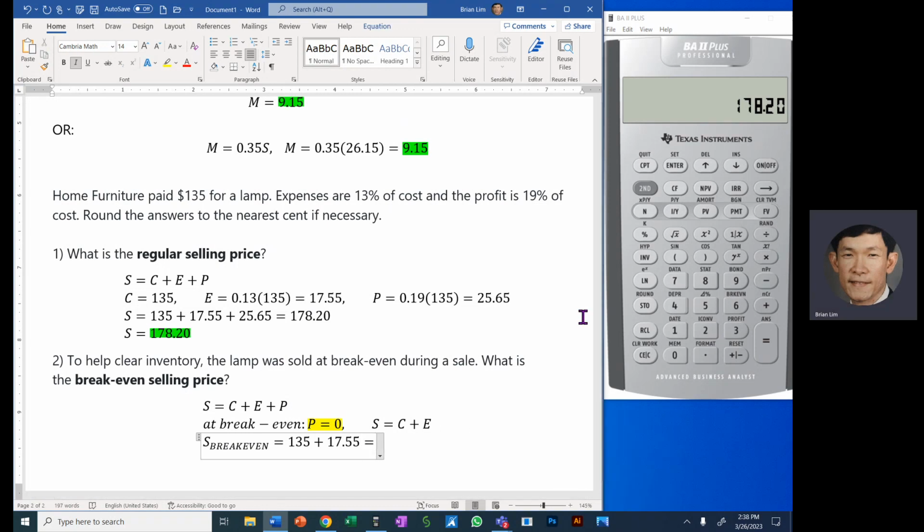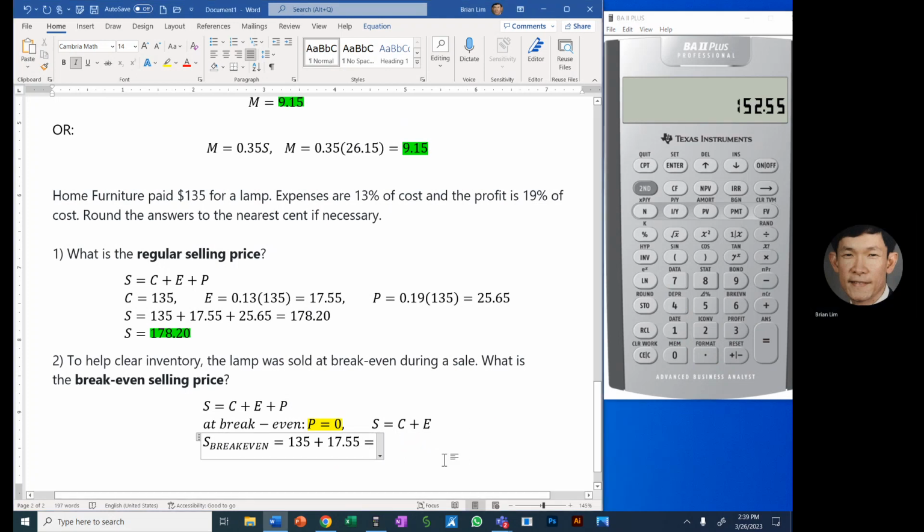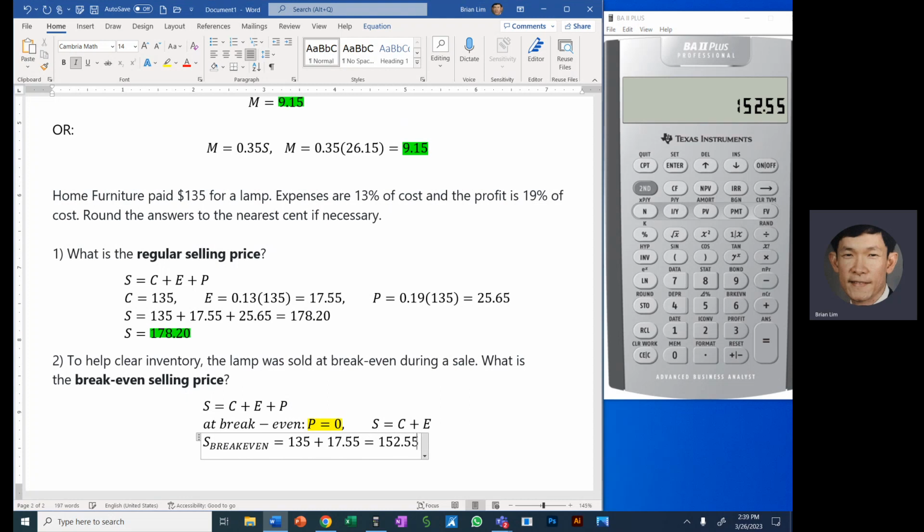So now we can add these two together. We go 135 plus 17.55. So that number is 152.55. So that will be the answer. That's the break-even price.